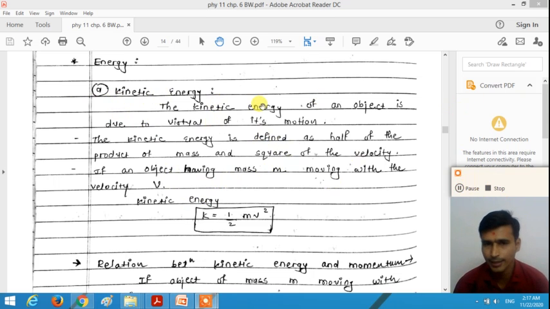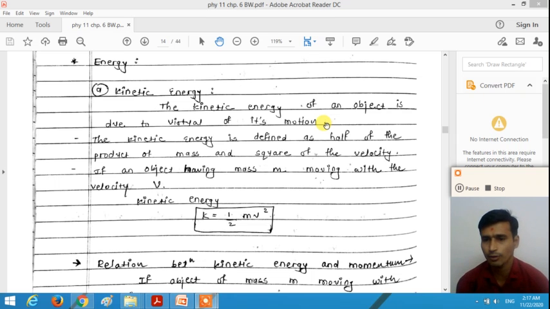The kinetic energy of an object is due to virtue of its motion. When we apply an external force on any object, the object changes its position. We can say that the object at rest is now in motion, and due to this motion, the energy associated with the object is called kinetic energy.